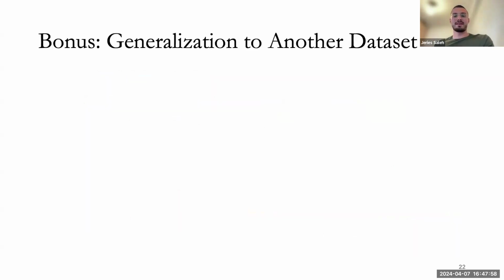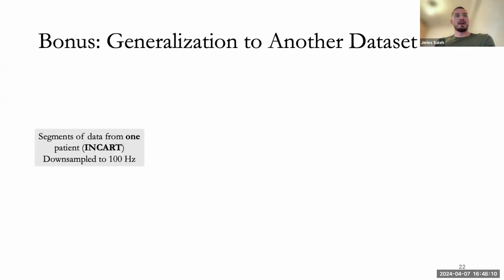And lastly, another bonus objective was to try to generalize to another dataset. So I looked at a dataset which had longer data. It was called INCART, and INCART had 30-minute recordings, not 10 seconds. It was sampled at a different sampling frequency, so it required some pre-processing.